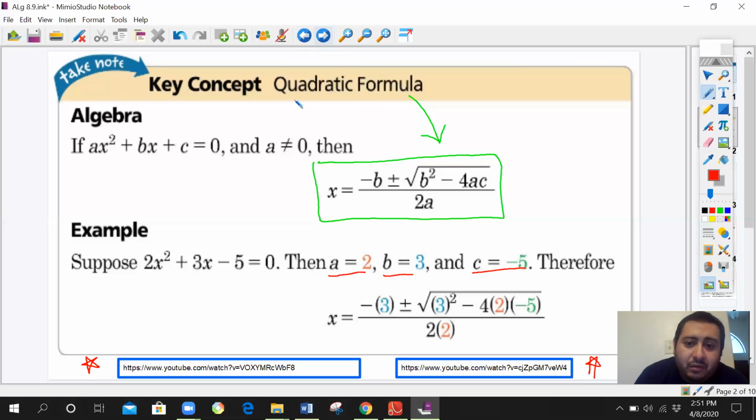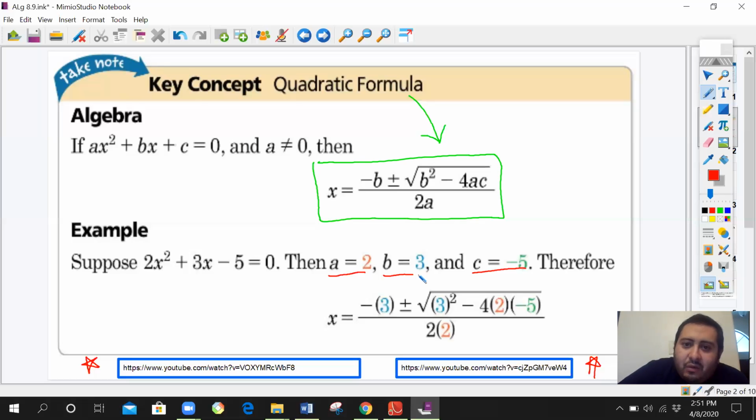All right, so this formula is a long formula, and it's going to take you a while to remember it. If you're not too familiar with it, I would strongly recommend you write it down on a piece of paper and keep practicing over and over again.